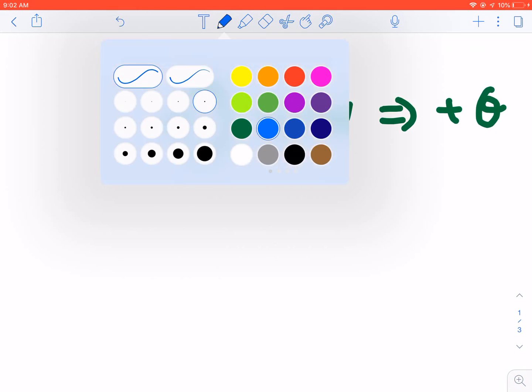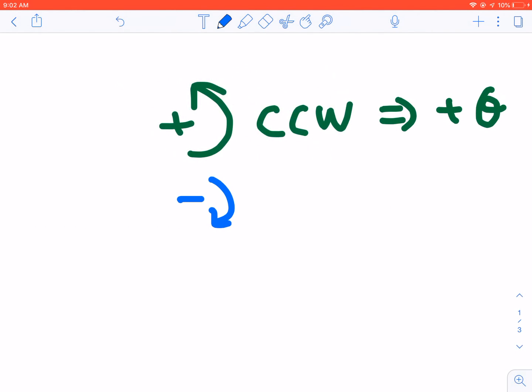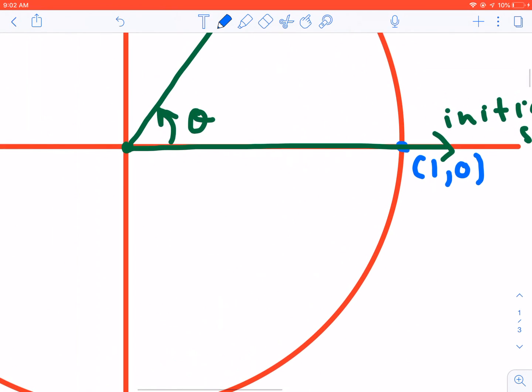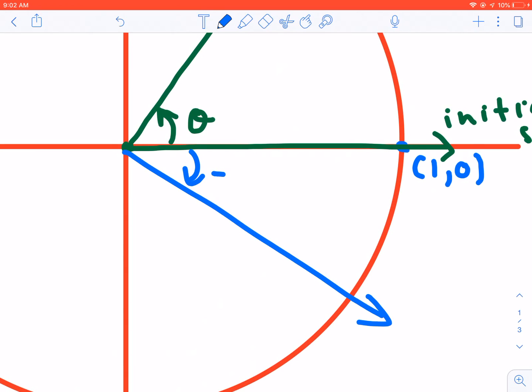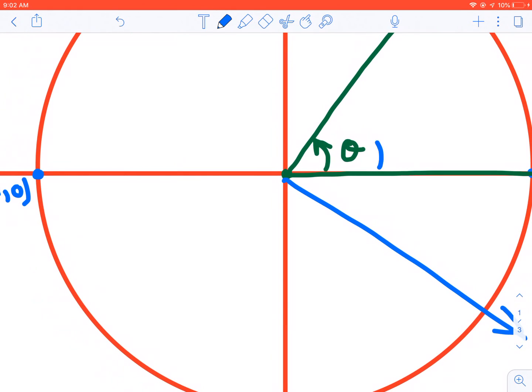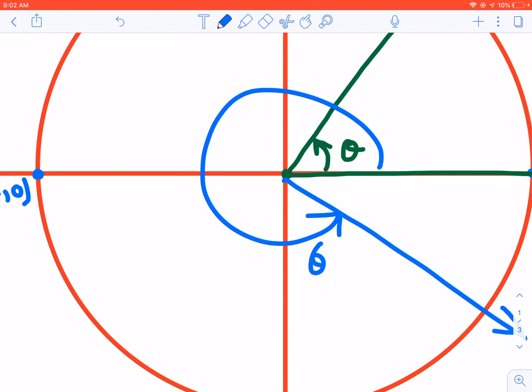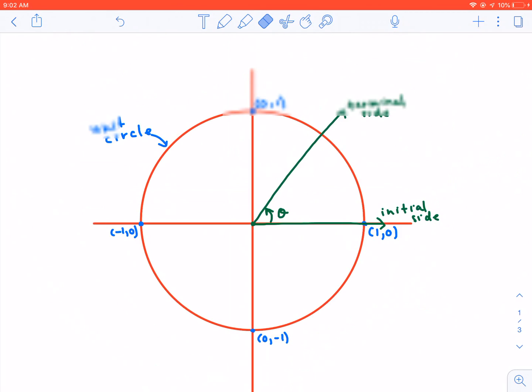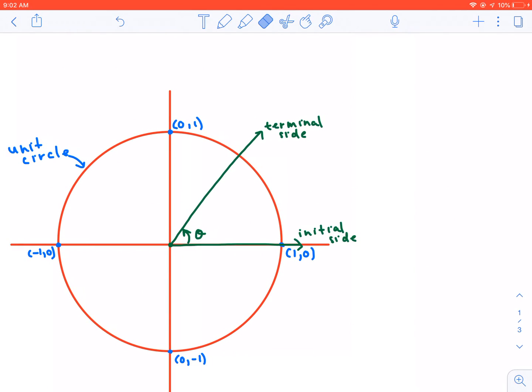And if we're going this way, right, clockwise, that's a negative angle measure. So for example, if I drew my terminal side here, that would be a negative angle measure. And the reason I need arrows, because even if I drew my angle here, I could make my theta look like this, and that would be a positive angle. So it's important to indicate which direction you're going.